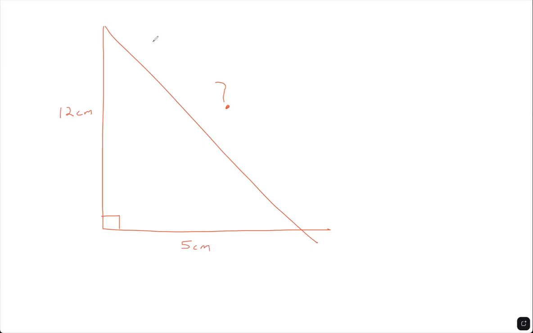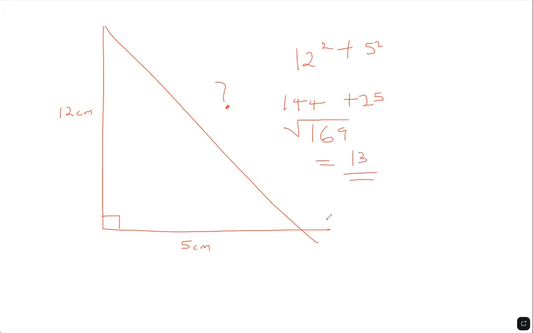So that gives you 12 squared plus 5 squared. 12 squared is 144, 5 squared is 25. So 144 plus 25 gives you 169. Then you square root that. The square root of 169 equals 13.